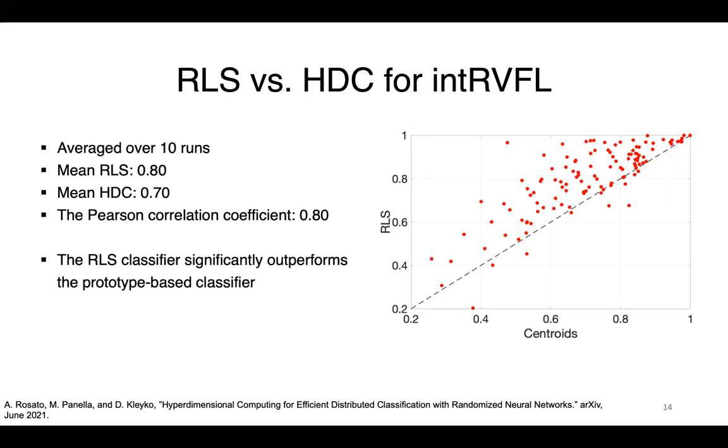They found that the mean accuracy of the RLS classifier was 0.80, and meanwhile, the mean accuracy of the HDC classifier was 0.70. The results for both classifiers were highly correlated. However, the RLS classifier has significantly higher accuracy than the HDC classifier when training the readout weights of intRVFL.